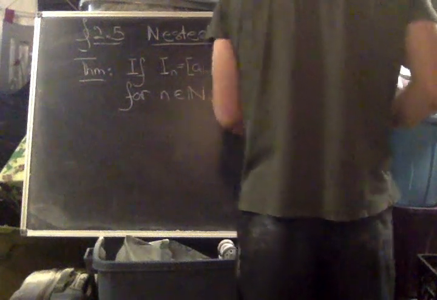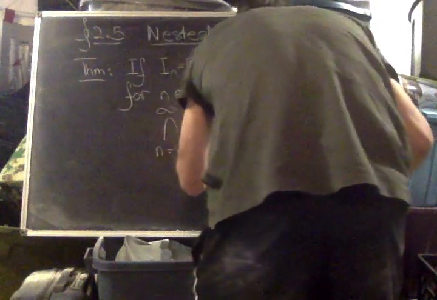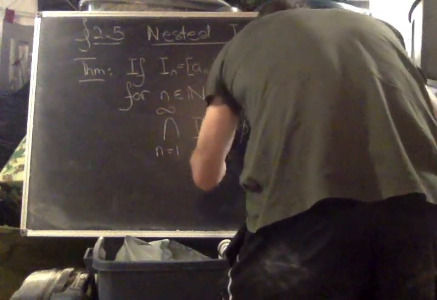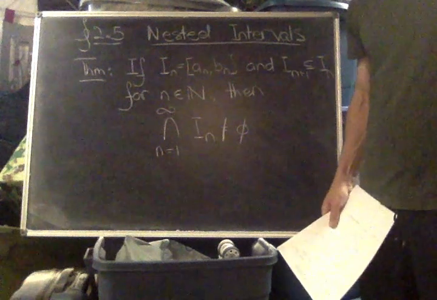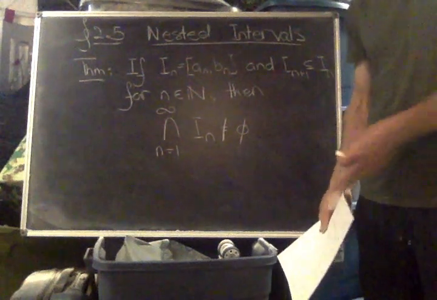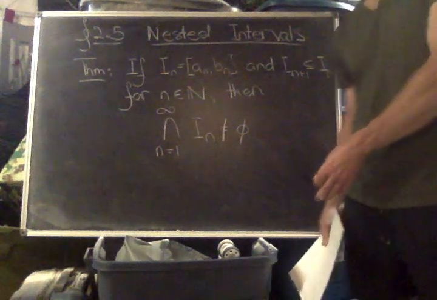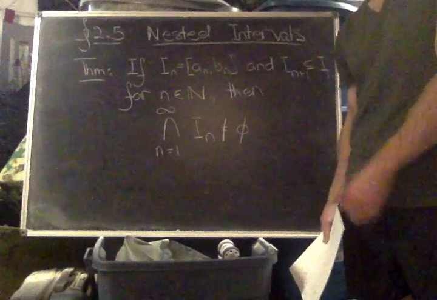then the intersection from n equals 1 to infinity of all of these intervals is not the empty set. There has to be something in there. There is something that belongs to every single one of those intervals.